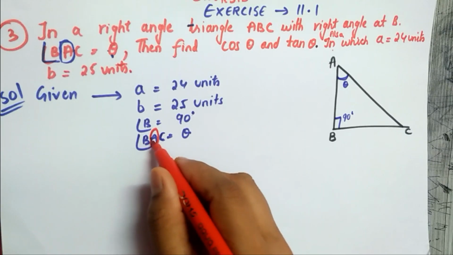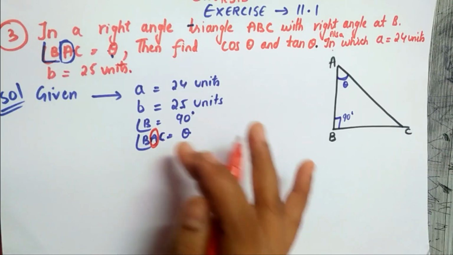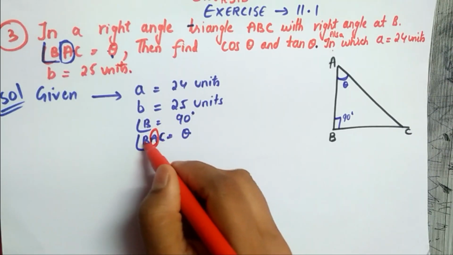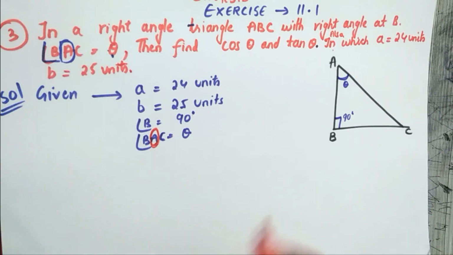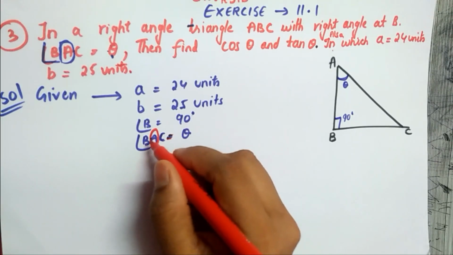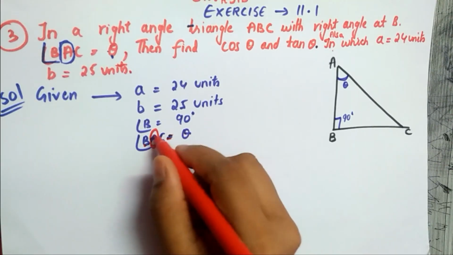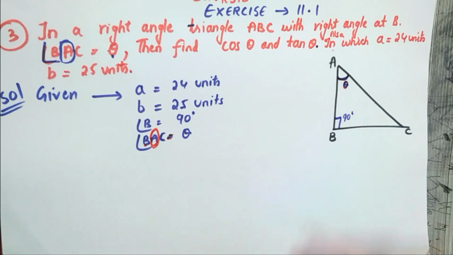Remember, if it's CAB, then A is theta. Even if it's ABC, then B will be theta. Are you getting my point? What I am saying is, angle BAC is theta means angle A is theta.